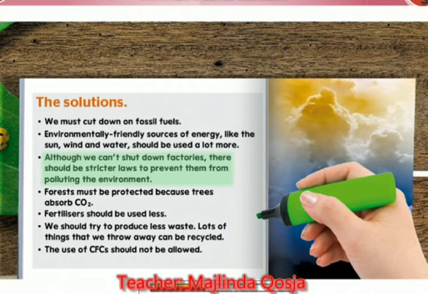Although we can't shut down factories, there should be stricter laws to prevent them from polluting the environment. Forests must be protected because trees absorb CO2. Fertilizers should be used less. We should try to produce less waste. Lots of things that we throw away can be recycled. The use of CFCs should not be allowed.